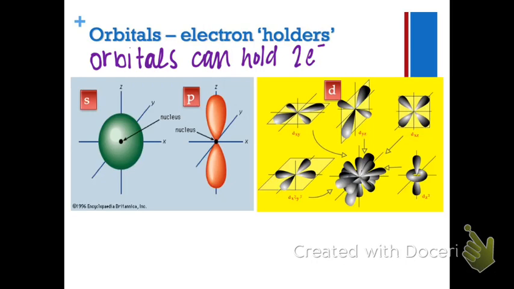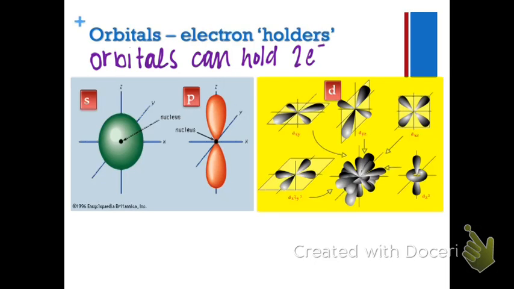When electrons are in what we call the s block, they go into the s orbital. Go ahead and draw out these first two and then I'll walk you through a little bit more.